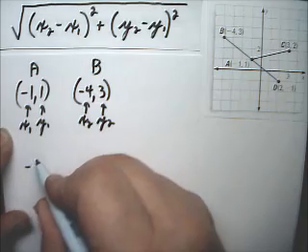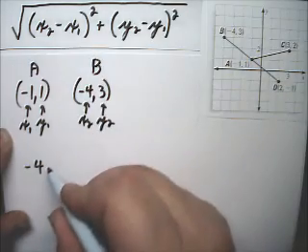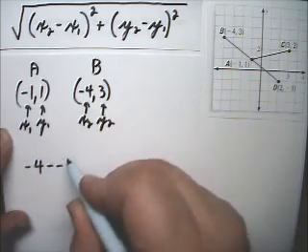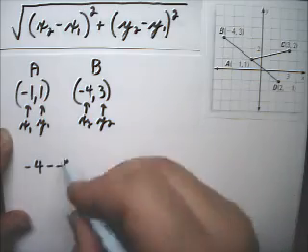So we have -4, see, that's x2. Now minus x1, that's minus a -1. See, it's minus from here and it's -1.